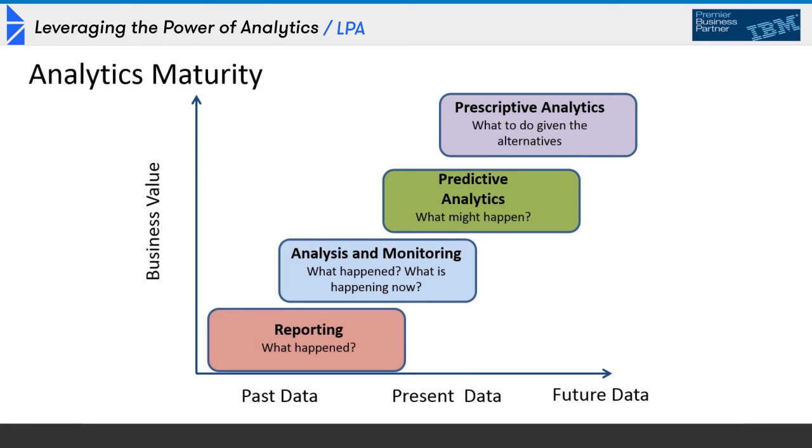Prescriptive analytics really takes the output of your predictive analytic models and allows you to make a decision about what you are going to do given all the alternatives. A good example here is if you're predicting which of your claims are likely to be fraudulent, and you have grouped them into those that are highly likely to be fraudulent versus those that are least likely to be fraudulent.